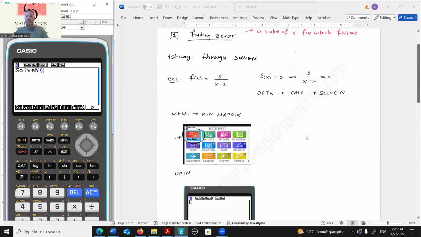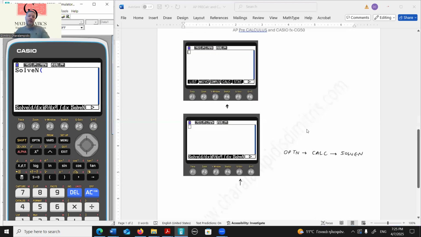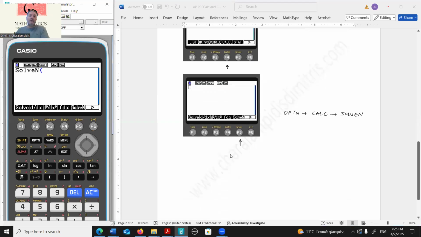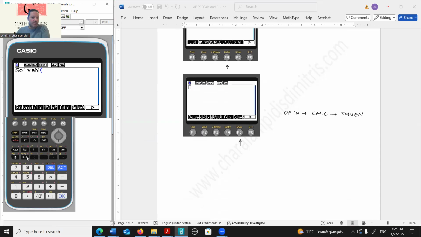And in this prompt, we are able to put our given equation. For our own example, let me reduce that one so that I can put fraction 5 over x minus 2 equals, with shift and dot, equals 0. Remember, we are looking for the zeros.